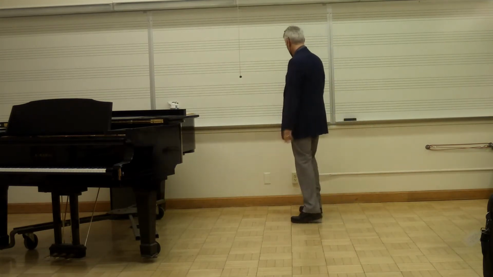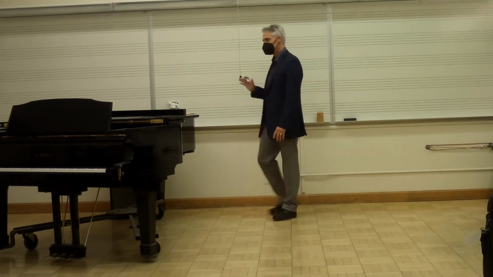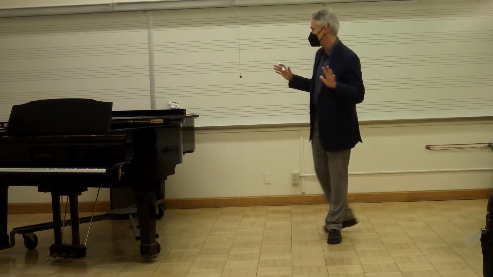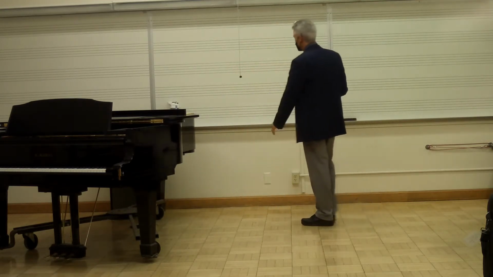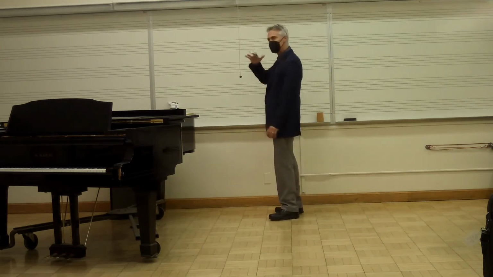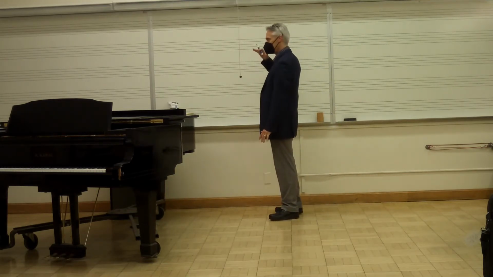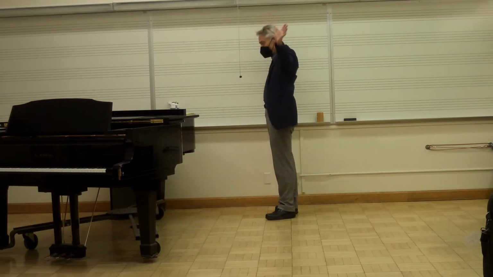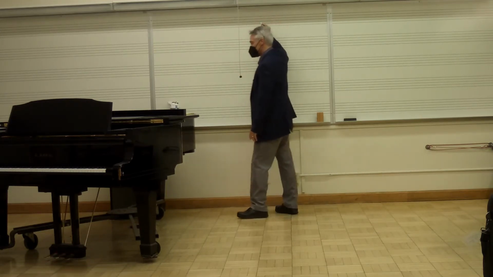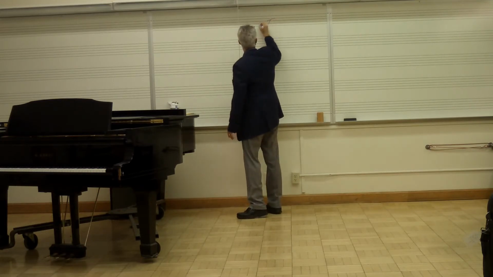So, I want to back up just a little bit and talk about perspective as it relates to harmony. There are several levels of harmonic thinking. The first level, the broadest level, would be basically the tune level.